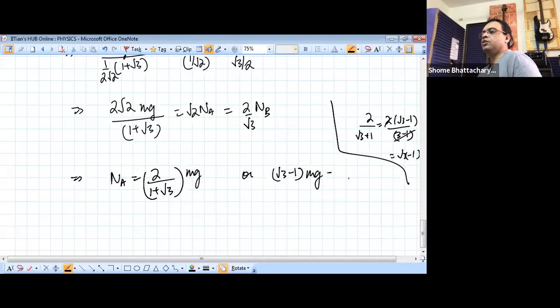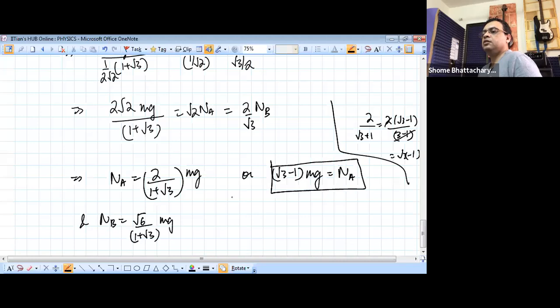Okay. So the normal reaction due to this surface should be this much. And then from the second one, Nb should become root 6 upon 1 plus root 3 times Mg, to which you can do the same treatment.